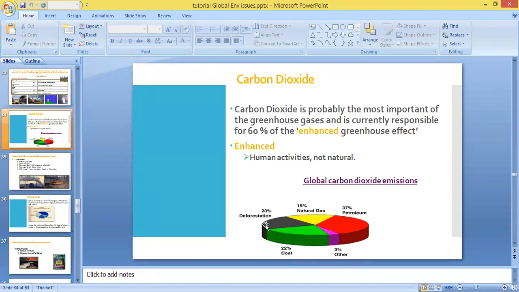You can see deforestation contributes around 23%, coal manufacturing around 22%, petroleum industries around 37%, and natural gas around 15%. Just have a note of this very quickly. It is important for short questions, MCQs and 1 mark questions: which is the main contributor, or which is the second highest contributor of the CO2 greenhouse effect.